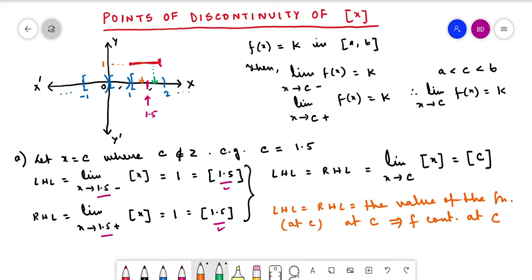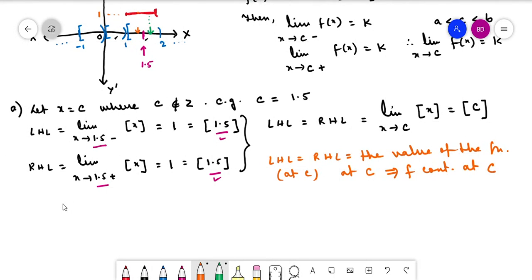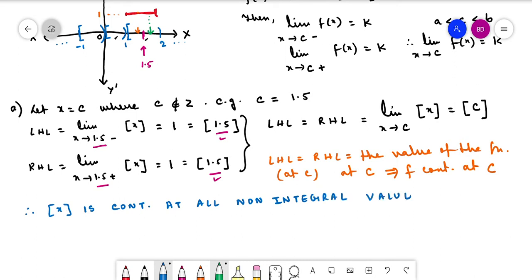So what is the conclusion here? The final conclusion is, therefore, box x is continuous at all non-integral values of x.